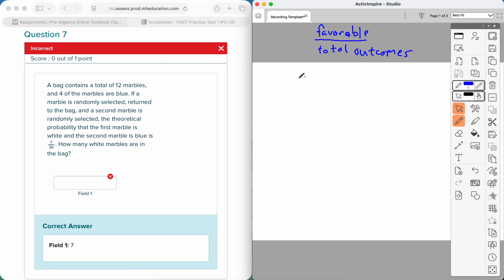They thought they could just subtract the blue marbles from 12 to find the white marbles, but I don't think it ends up working out that way. So favorable outcomes over total outcomes.